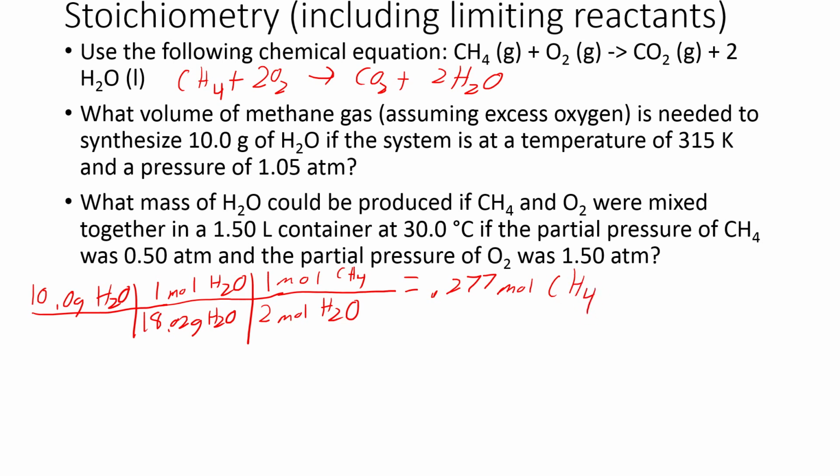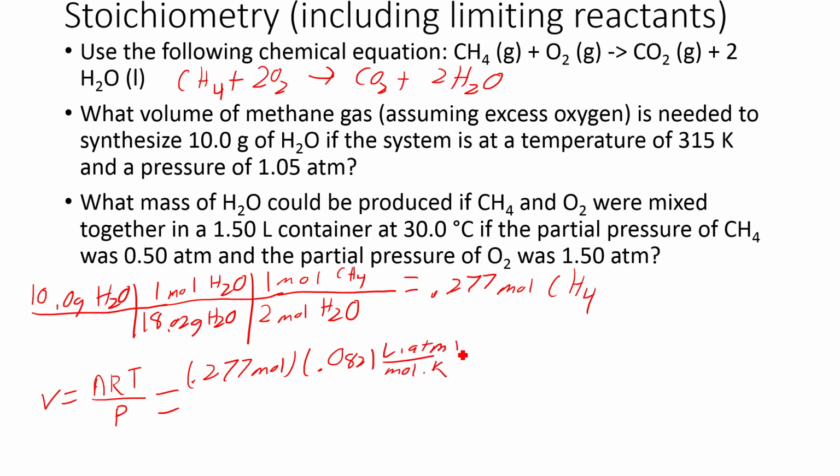So now it asks us what volume is needed. So we've got our moles, it tells you the temperature and pressure are going to be constant at 315 and 1.05. So we just need to find volume. So V equals nRT over P. So we're going to have 0.277 moles. Our R is going to be 0.0821 liters times atmospheres over moles times Kelvin.